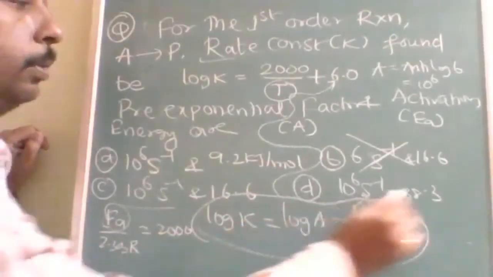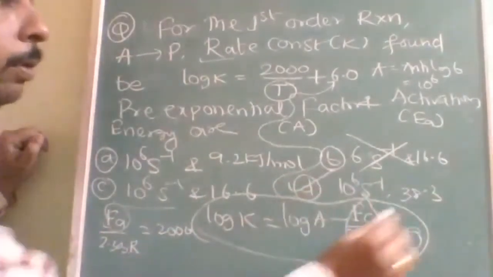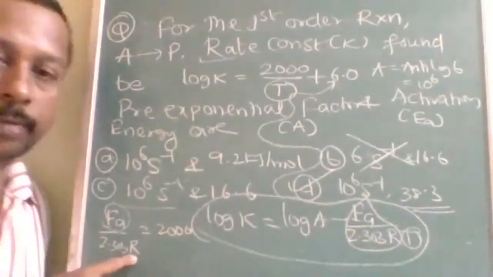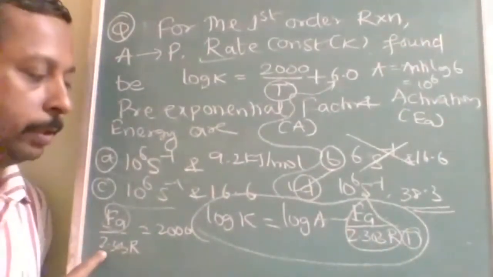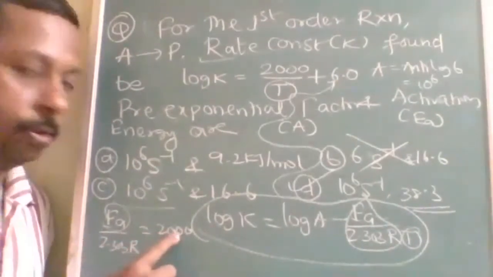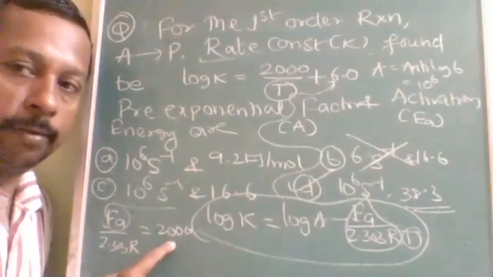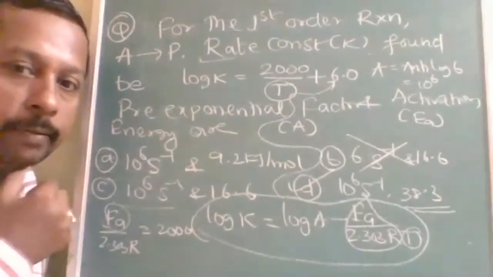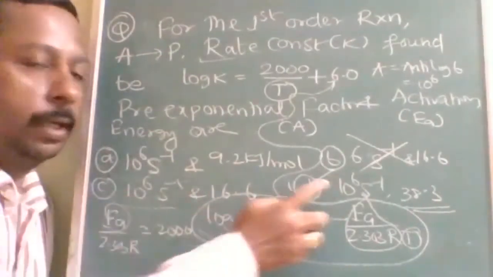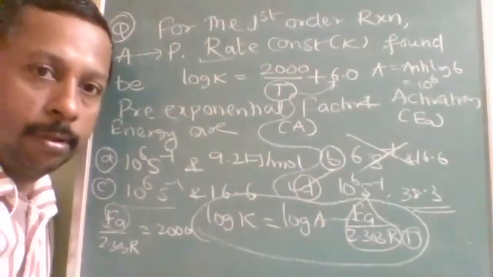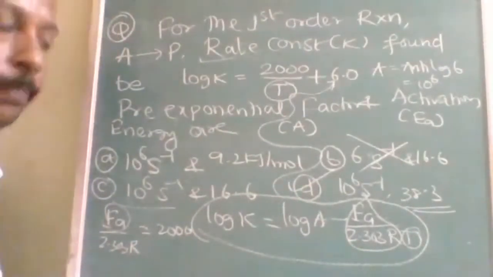When I substitute, I will get the D option, 38.3. R value is 8.314, 2.303 is already there. So 200 into 2.303 into 8.314. Then which answer is correct? D answer is correct. Why is it D answer? Is it understood now? Okay, should I erase this?